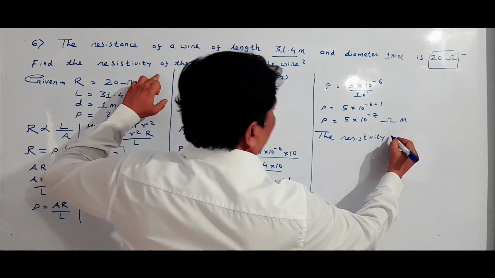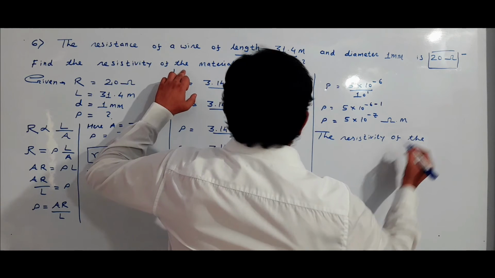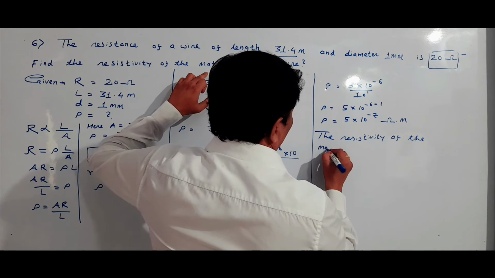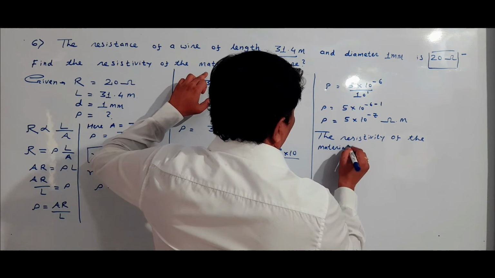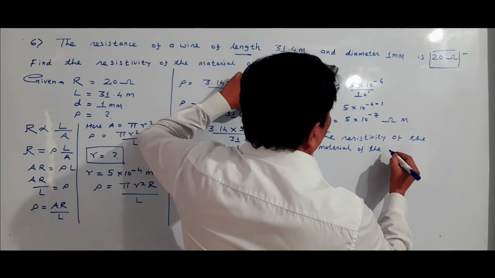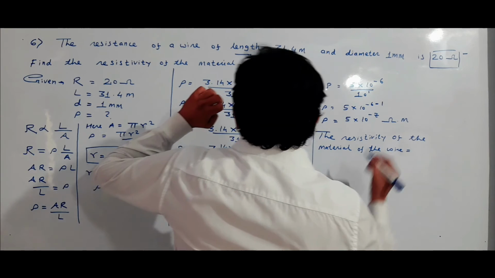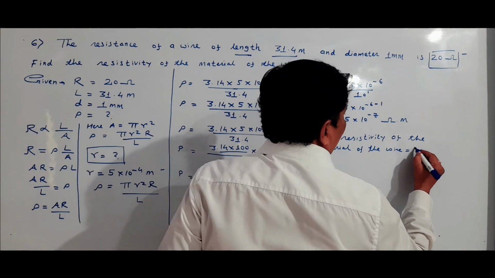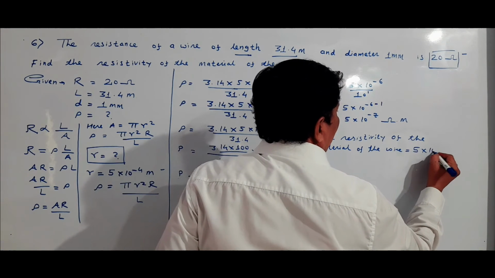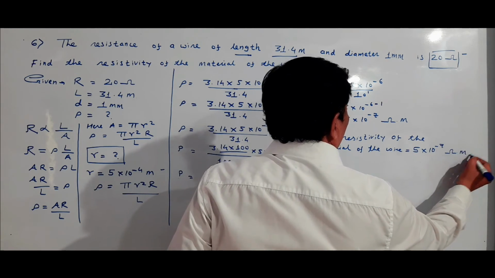The resistivity of the material of the wire is equal to 5 into 10 to the power minus 7 ohm meters.